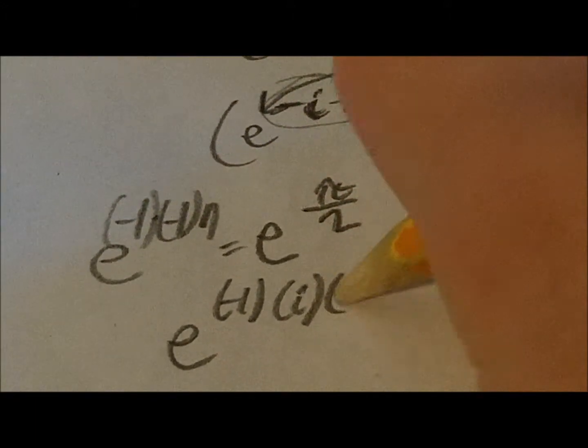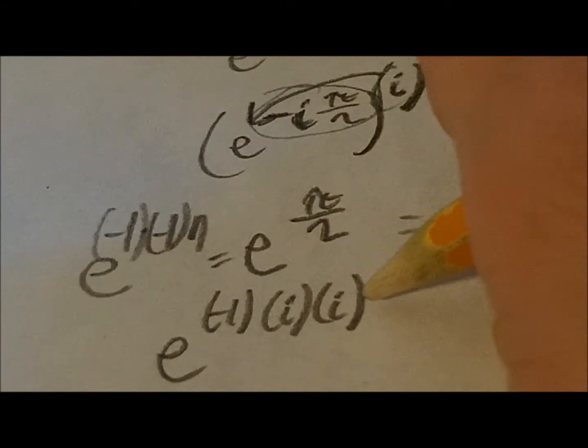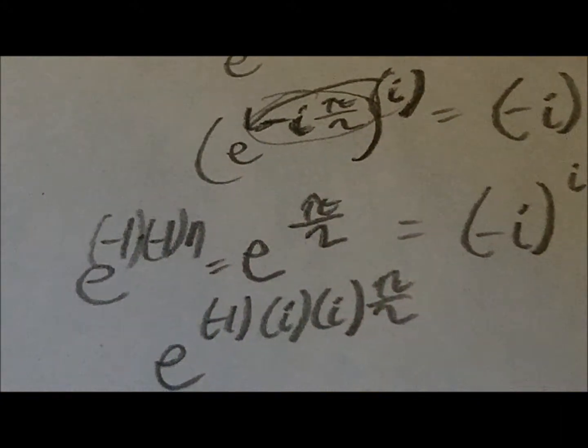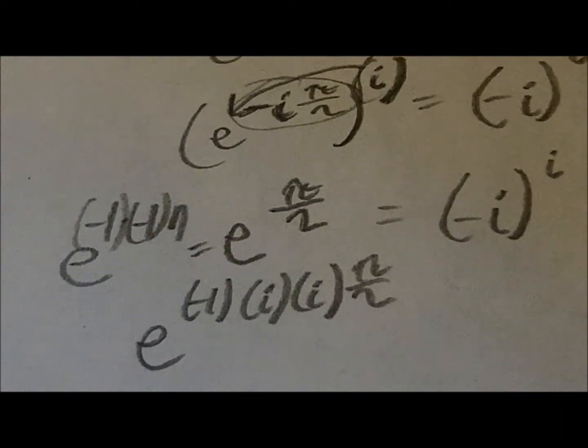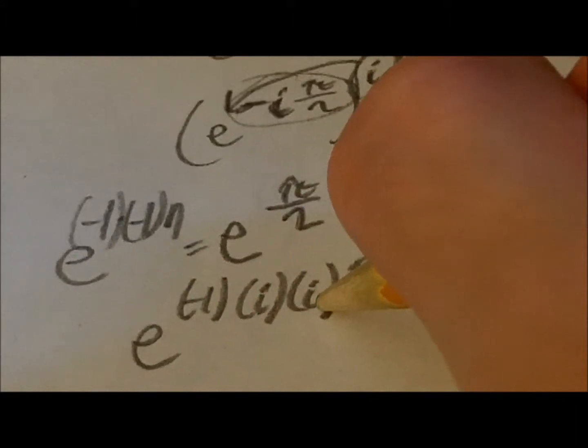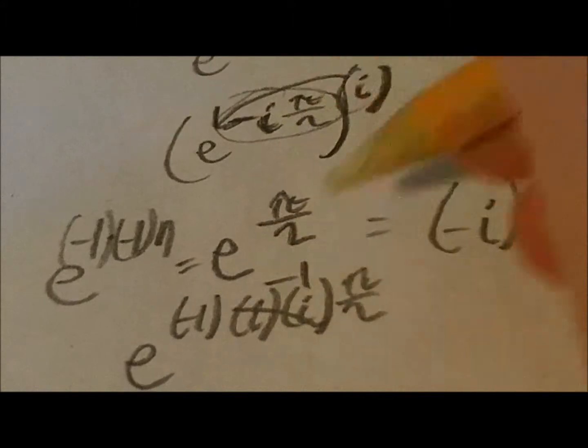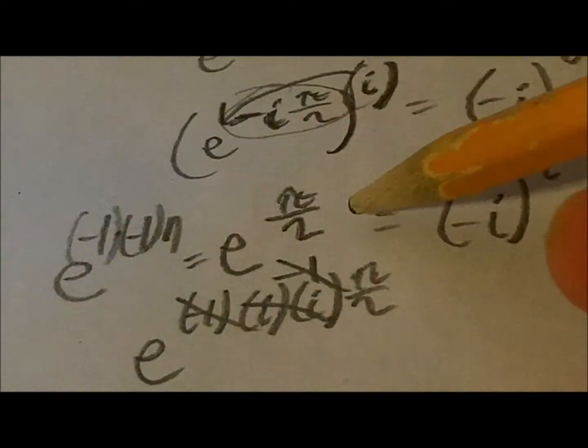So there's another i here, and it's times pi over 2. And as I was saying, i times i is negative 1. So this is negative 1, and negative 1 times negative 1 basically crosses out, and we get e to the pi over 2.